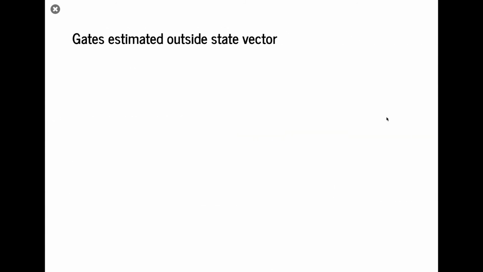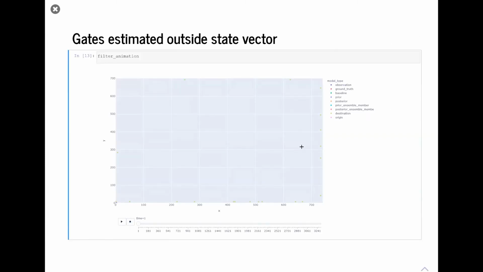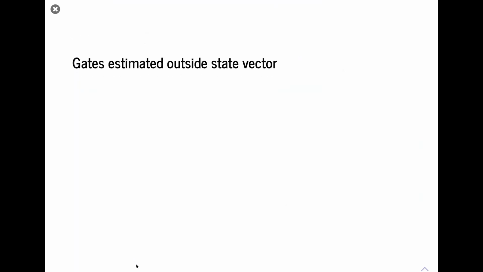An alternative idea that I had was to estimate the gates outside the state vector. One thing that Nick's mentioned, and you will notice, is that the agents all move in a largely linear fashion. So we can use some of this knowledge about the motion of the agents to perhaps choose how we do this.